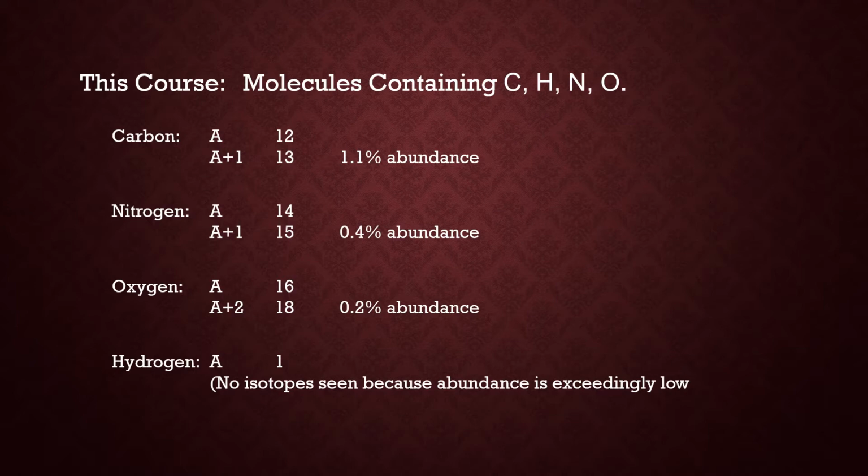Finally, hydrogen being an A element, and for analytical purposes, the deuterium and tritium abundances are so low you don't see them in conventional mass spectra.